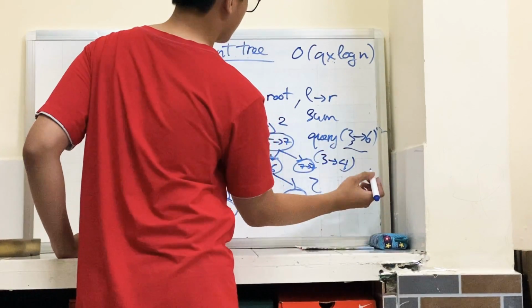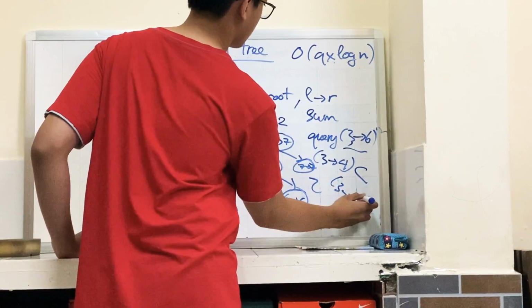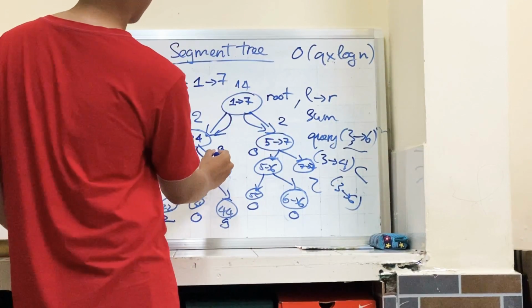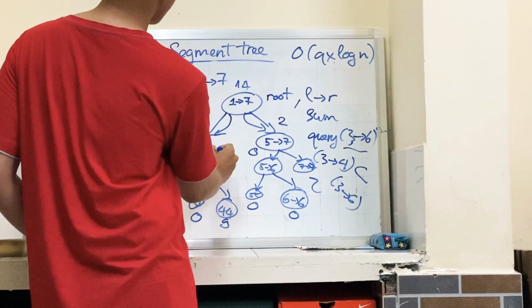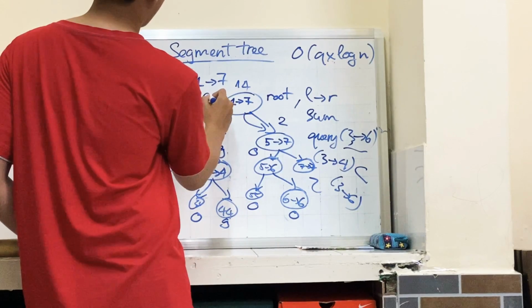So you move to the right side, which holds 3 to 4, inside 3 to 6. So you return the value 9, and the left-hand side will be 9.